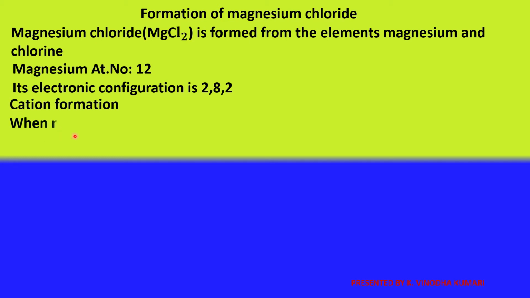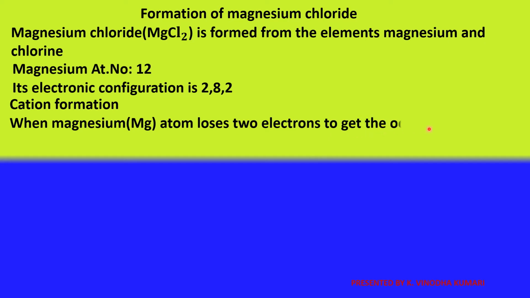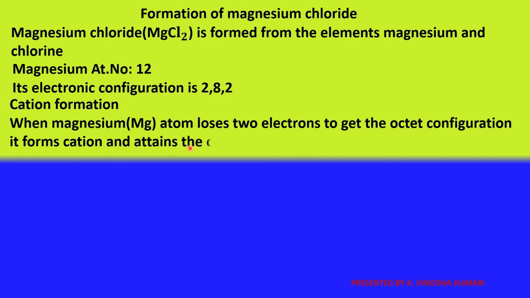Magnesium, which has 2 electrons in its outermost shell, will lose those 2 electrons to get the octet configuration of neon, that is 2, 8, and forms the cation.